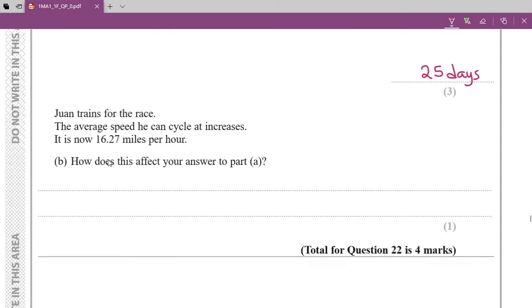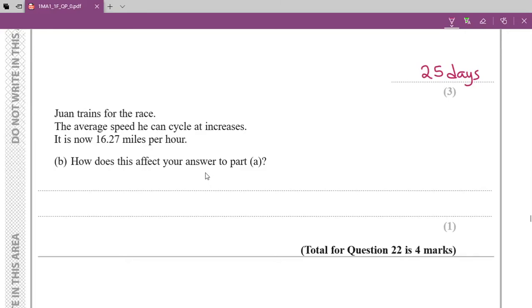So we continue. Juan trains for the race, and the average speed he can cycle at increases. It is now 16.27 miles per hour. How does this affect the answer to part A? Well, there are two parts to it.